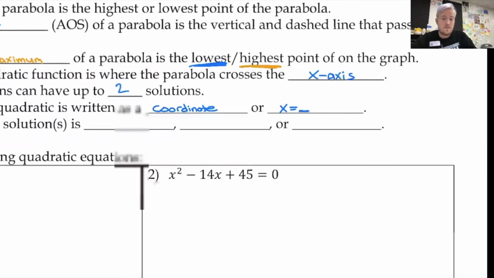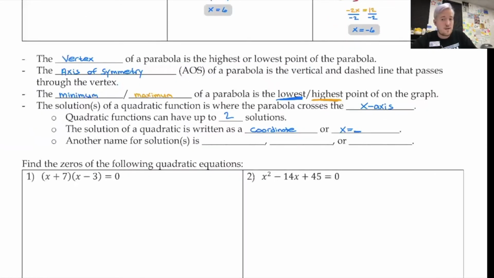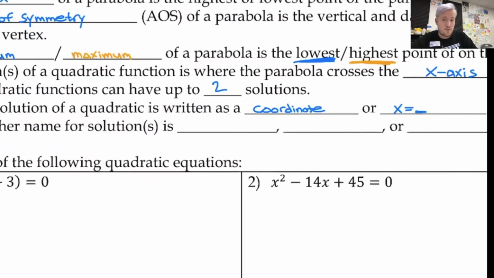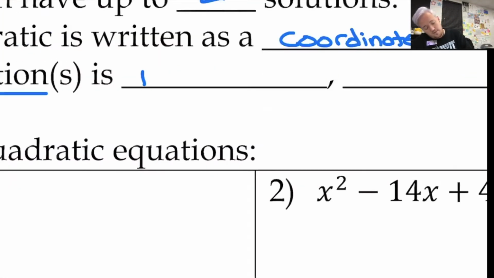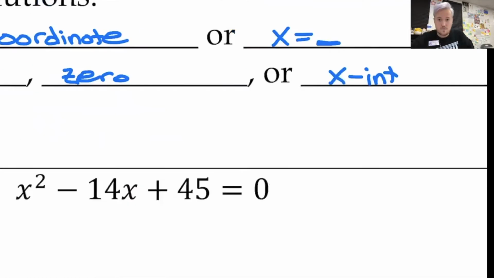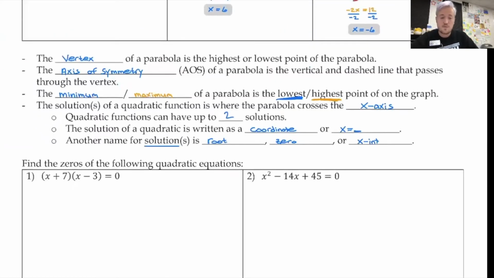Your solutions have various names. There are 4 names. Solution is your first one. Then you could have what we call a root, a zero, or just an x-intercept. It could be any one of those.